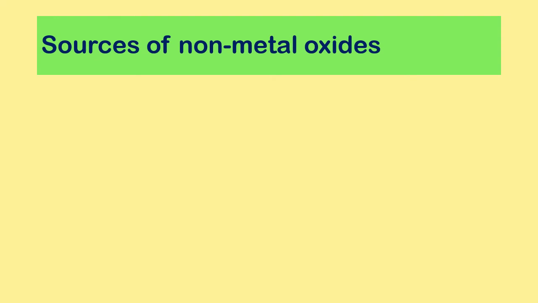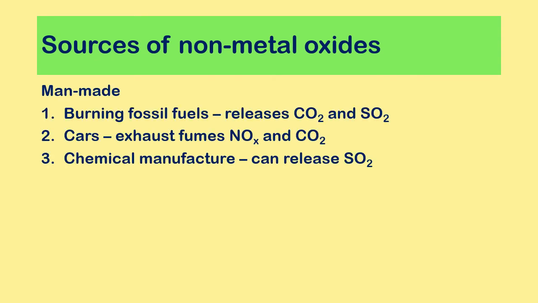Now, where do these non-metal oxides come from? Well, there are man-made sources of non-metal oxides. Whenever we burn fossil fuels, they release carbon dioxide. Some fossil fuels also contain sulfur and will produce sulfur dioxide. In cars, car exhaust fumes can contain nitrogen oxides.